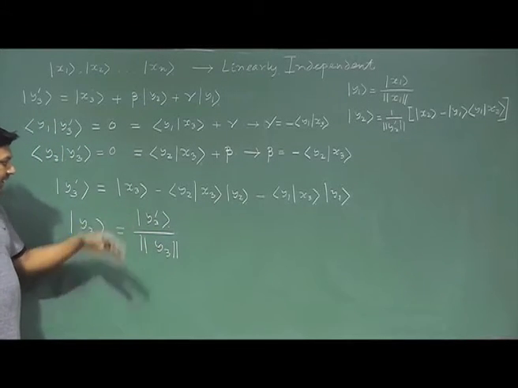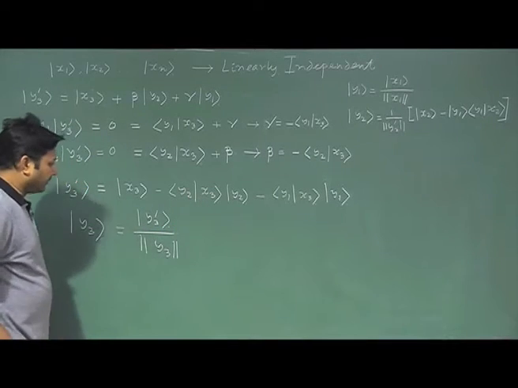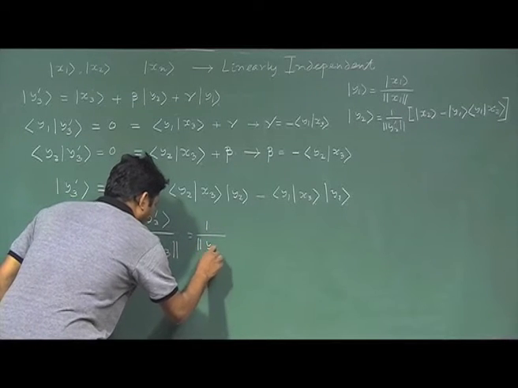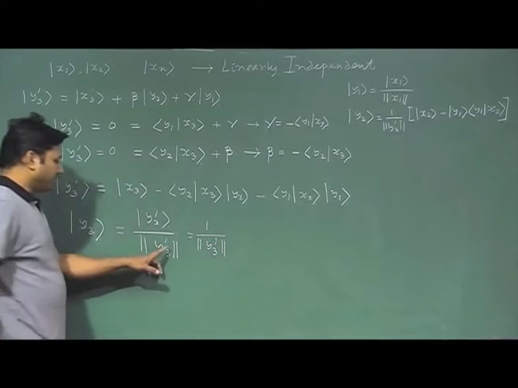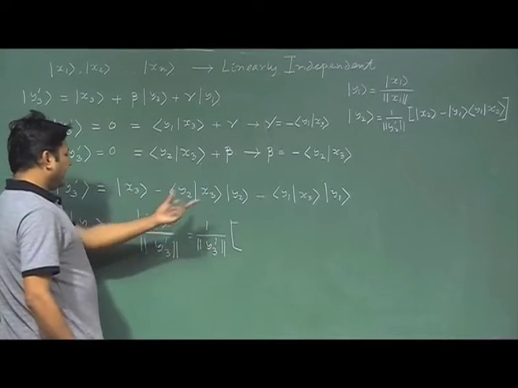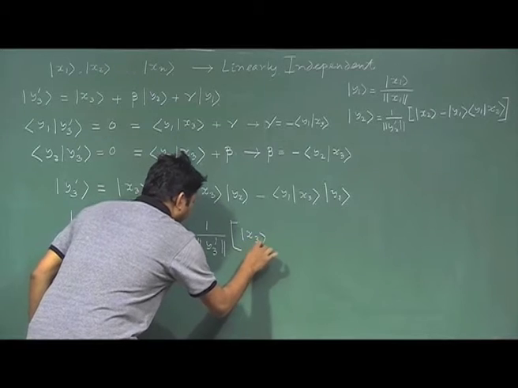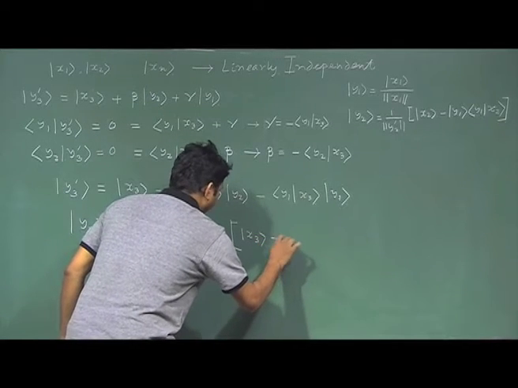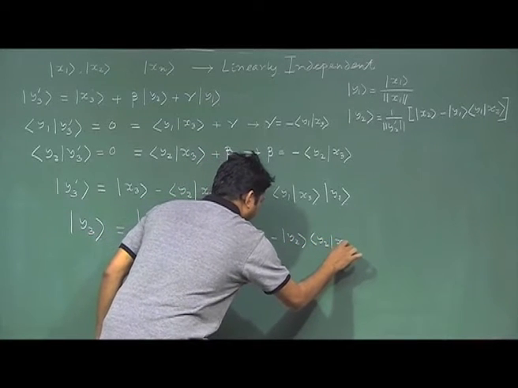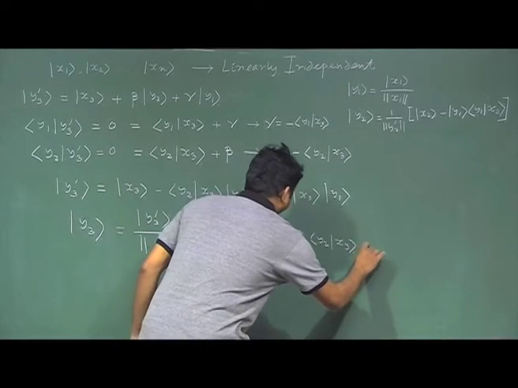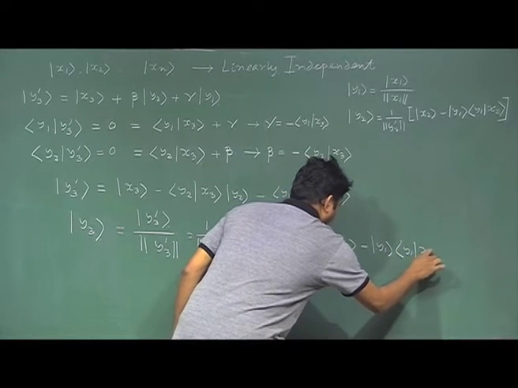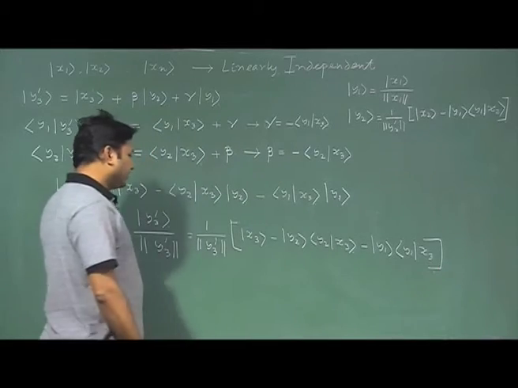So, in a similar way I can write this in the form: I need to divide y3 prime by its norm, and then the entire thing I write again in a slightly different way. So, this is my total vector.